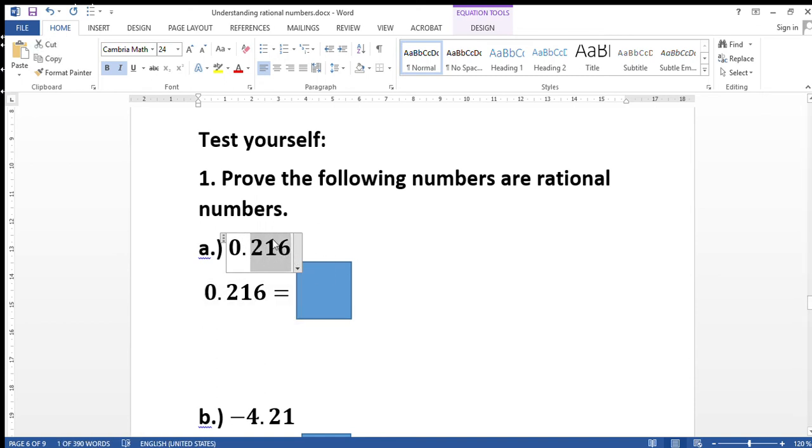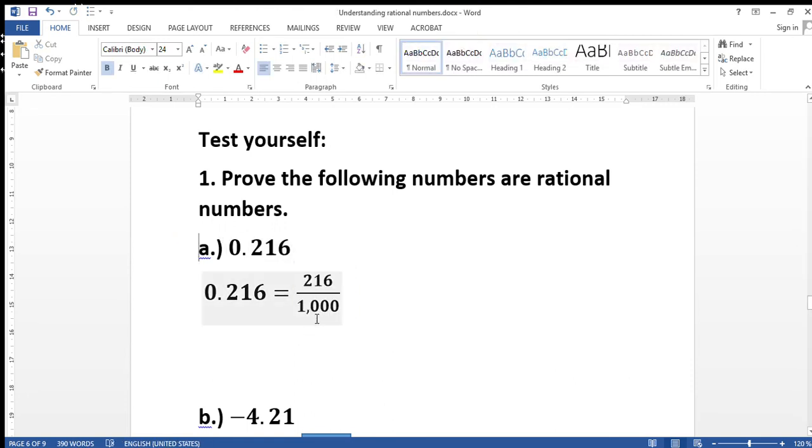So we write it as 216 over, and since we moved the decimal point 3 times, we write 1000, with 3 zeros. So 216 over 1000. Now the question: can we reduce it to the lowest term? The answer is no. So we just keep it as the final answer.